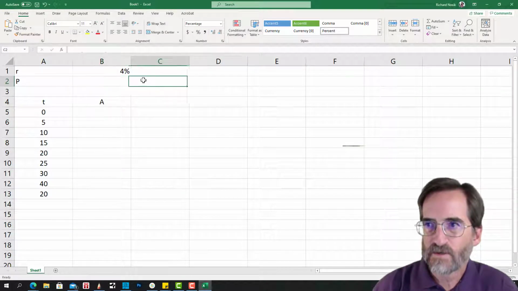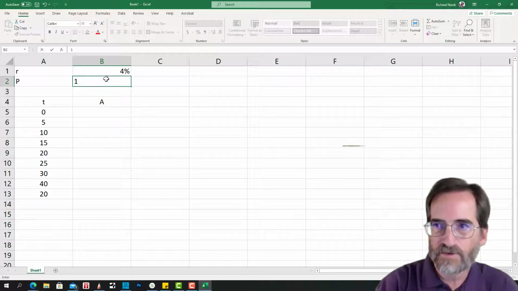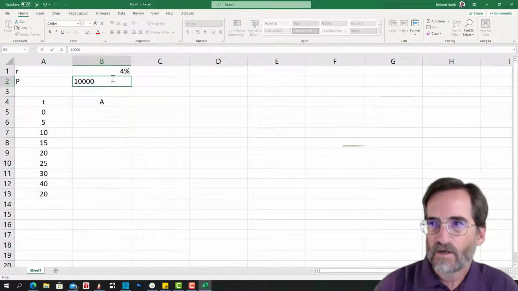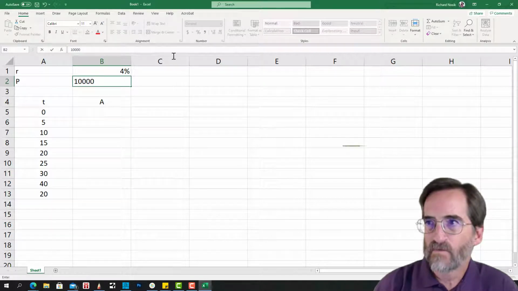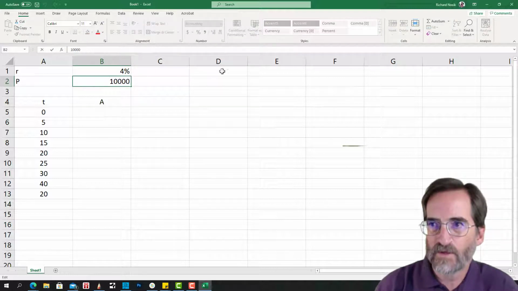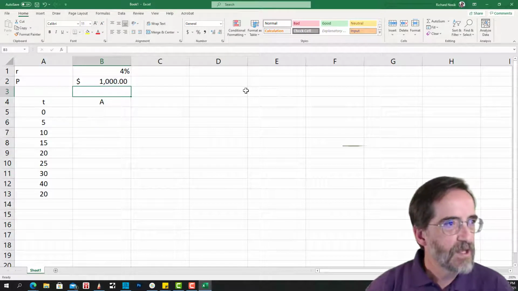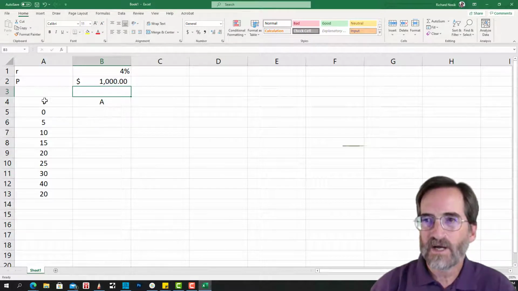Here, let's just use the format painter to copy the format. All right, $1,000. Format the cell as money. Boom. Okay, that's $10,000. I want 1,000. There we go. And the time is in the table, so there we have our value.